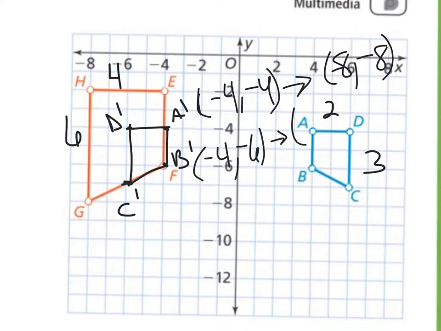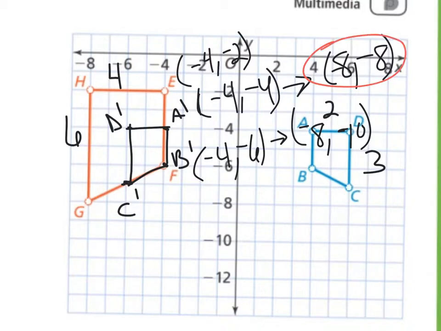If we double, that's going to be at -8, -10. Okay. Really, we can just look at any one of our points. The A prime here needs to go to E. E is at -4, -2. So the question, if I do my dilation and I'm at -8, -8, how do I get to -4, -2?